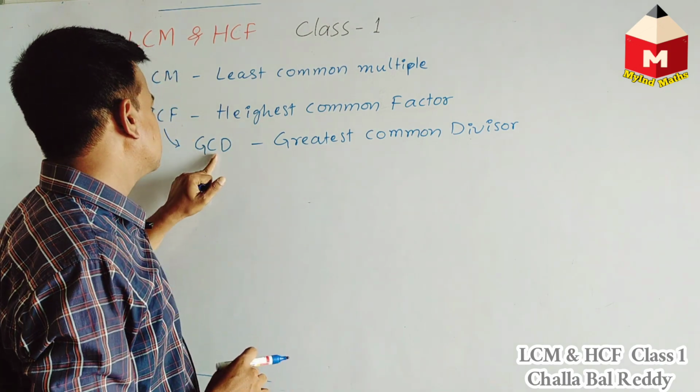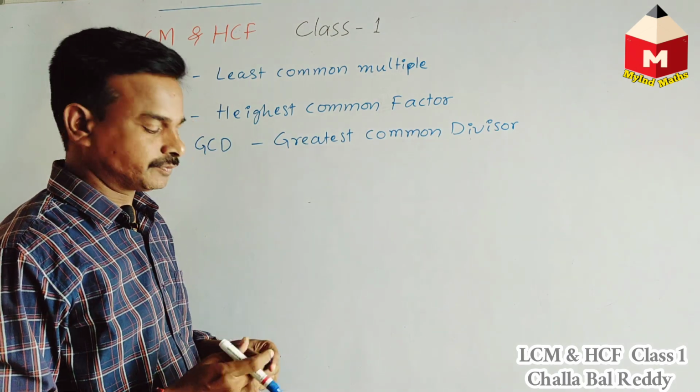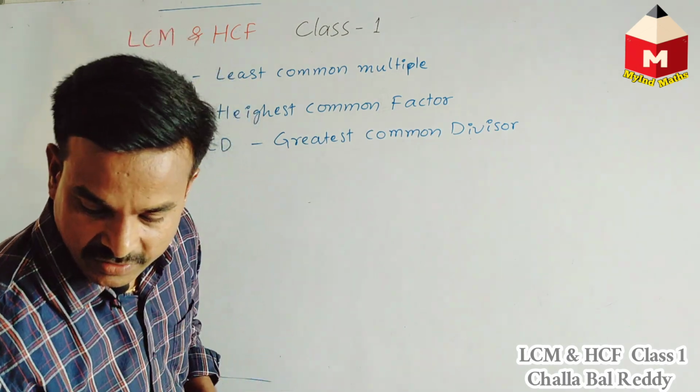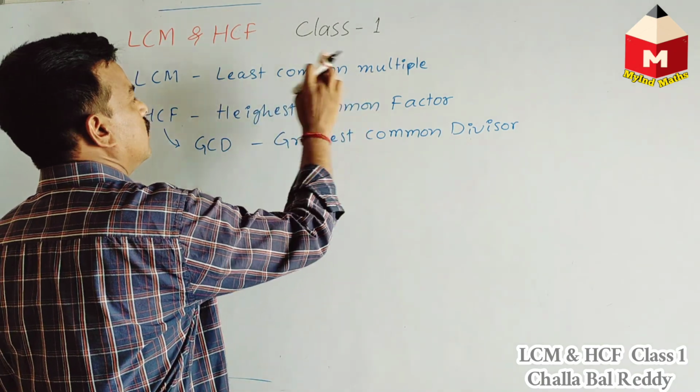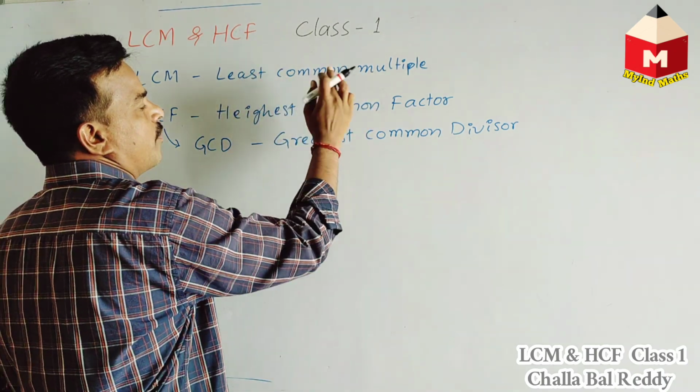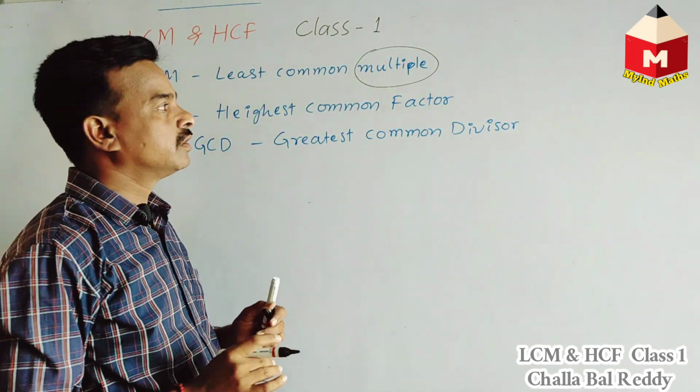HCF is also known as GCD. GCD means greatest common divisor. Okay, here if we observe least common multiple, least we know very well, common also, but here multiple is very important.